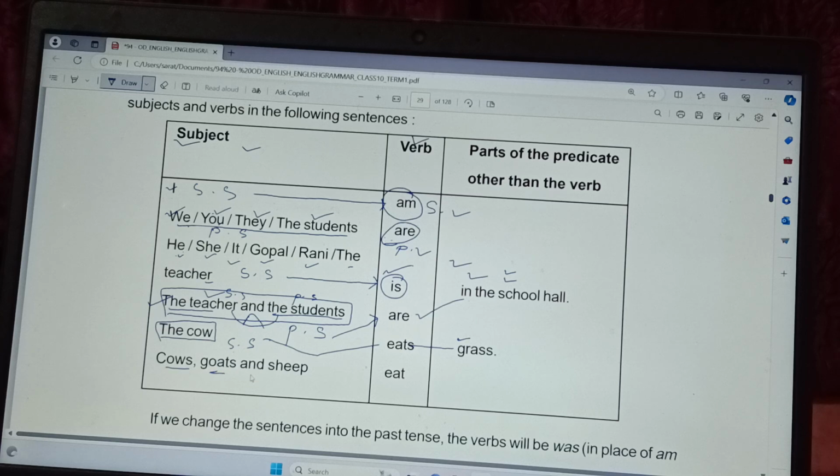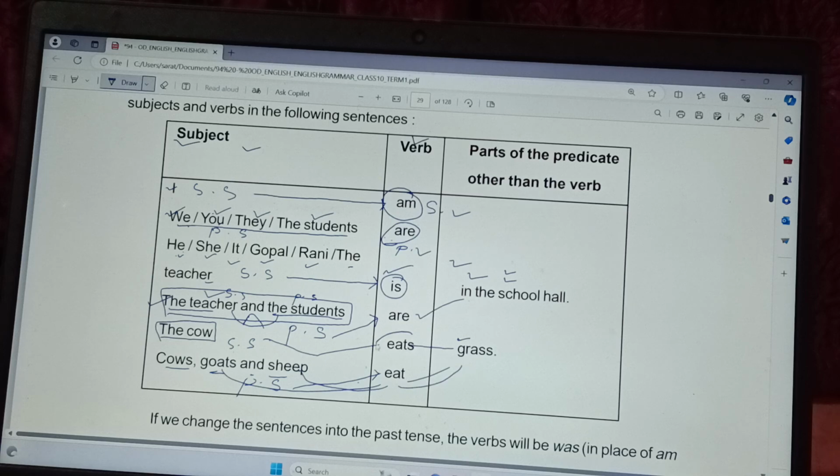Cows, goats and sheep. These are called plural subjects. So a plural subject agrees with a plural verb. So cows, goats and sheep eat grass. Cows eat grass and goats eat grass and sheep eat grass, guys.